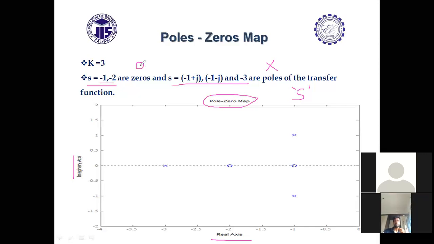These two zeros will be denoted by circles in the pole zero map. Now see, this is the real axis, this is minus 1. So one zero will be located at minus 1. Similarly, another zero is located at minus 2.